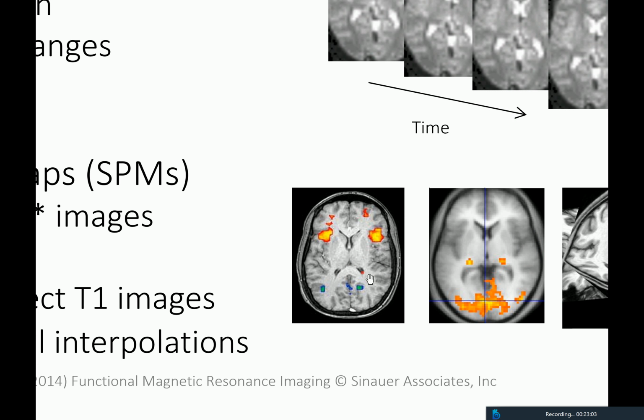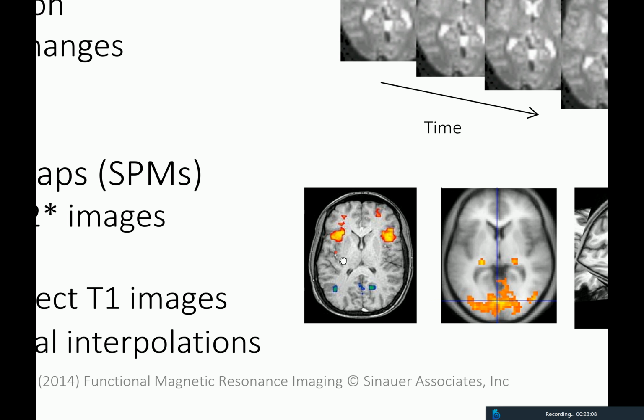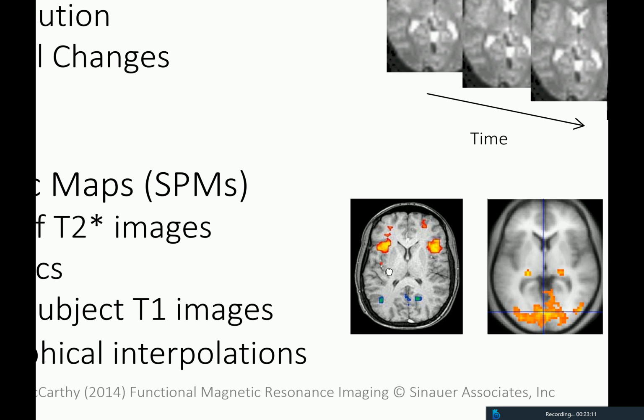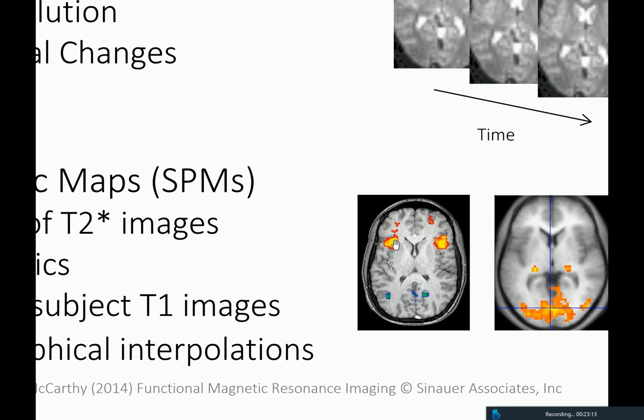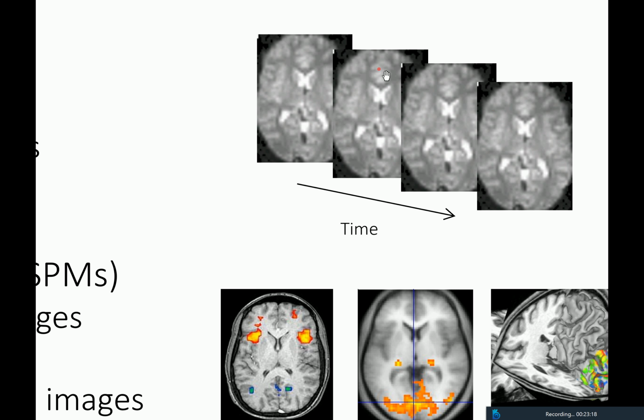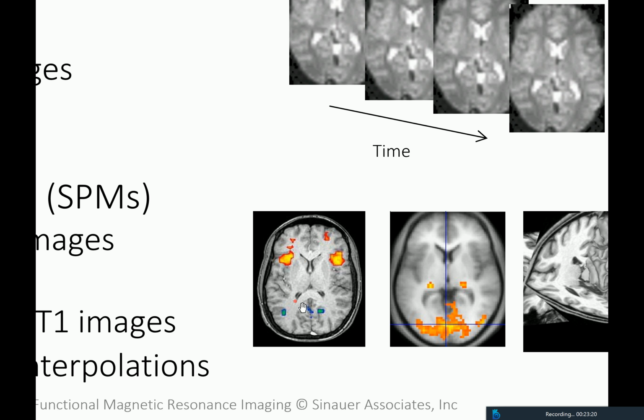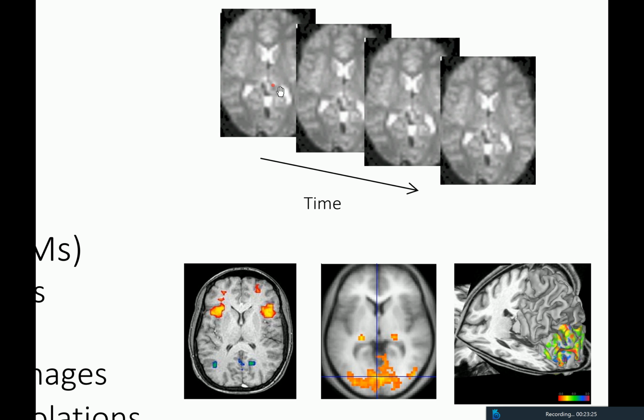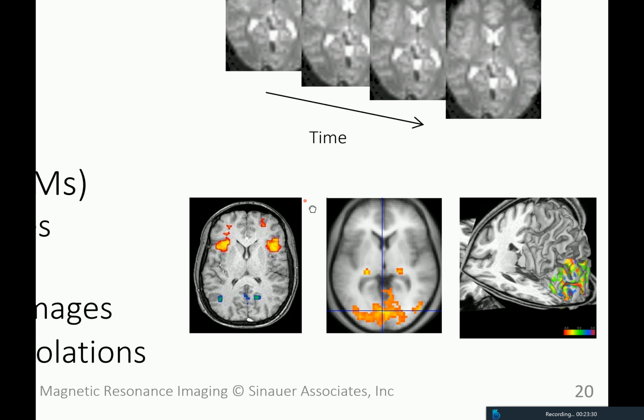In terms of these blobs that you see overlaid here, they are just some surviving high T values that result from usually GLM analysis of these data, overlaid on a single anatomical image. So basically, when you see these images, what has happened is that a time series of data, often from multiple participants, has been statistically processed and evaluated and is then compressed and represented in this kind of form.